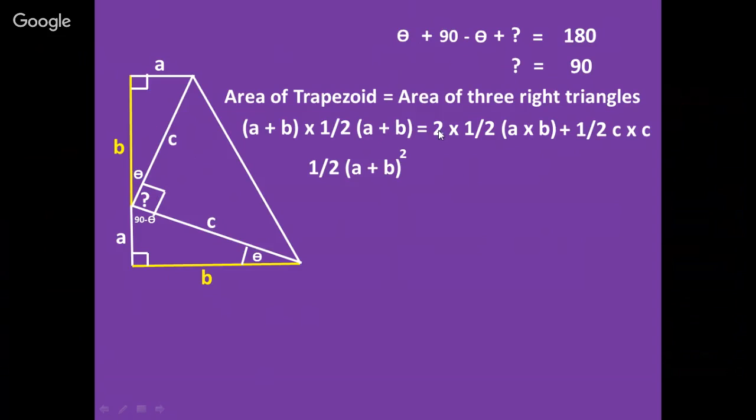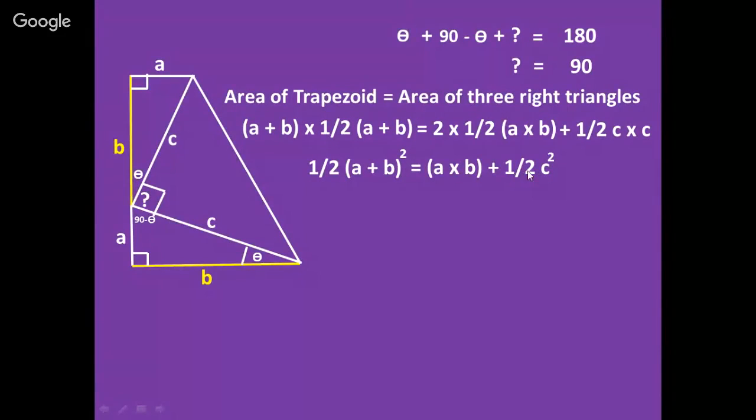Now this 2 will cancel with this 2, and we will be left with a into b. So a into b, and then half c into c means c squared. Now we have half here, half here.